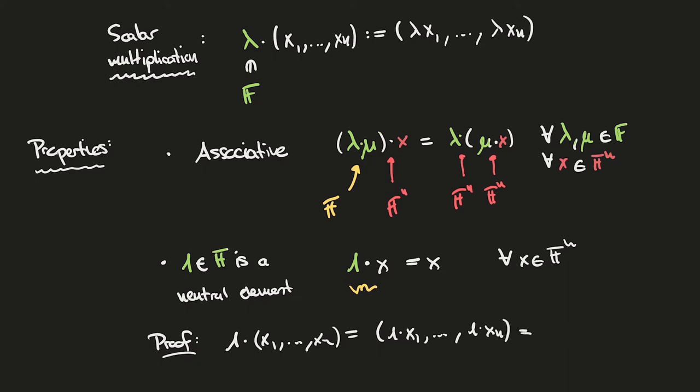And now what's happening here is that we have multiplication of an element x1 in the field with the neutral element 1 in the field, and so this just gives back x1. And this happens for each coordinate, so what we get back is just x1 up to xn. And now we see that if we call this element x, then this equation says that 1 times x is equal to x, which is precisely what we wanted to show.